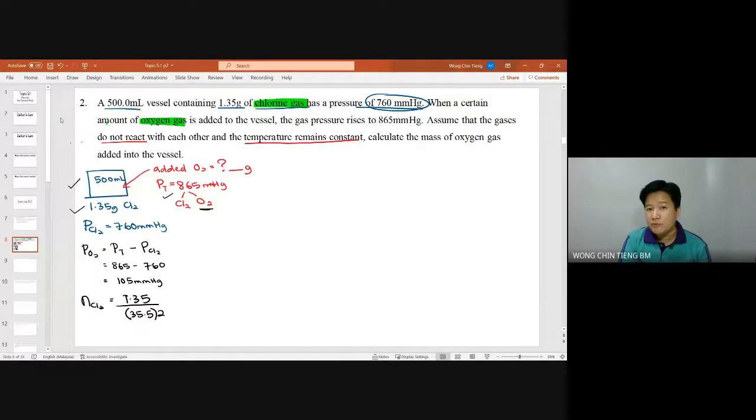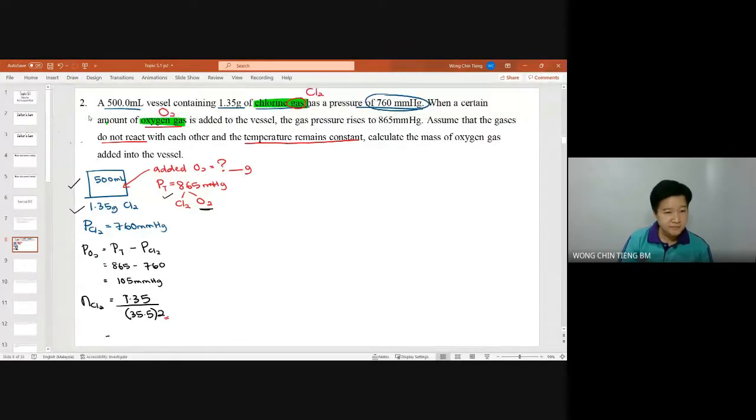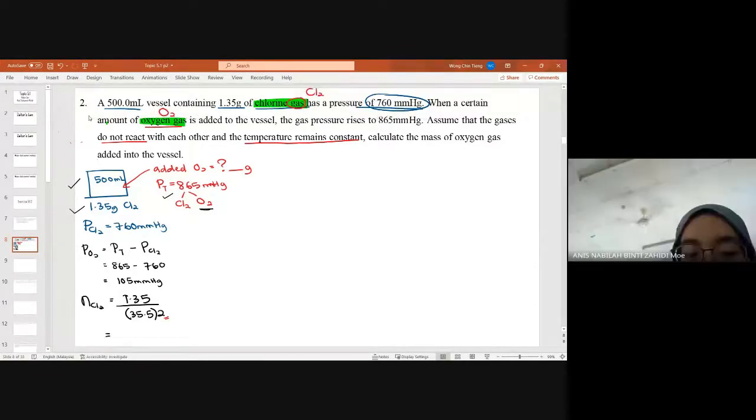So you should know the moment you saw the word gas, you should know it's a Cl2. The moment you saw it's an oxygen gas, you should know it's an O2. That's why the molar mass times 2. Okay? Alright. Anis Nabila, can I have the number of mole, please? 0.019 mol. Setuju yang lain?